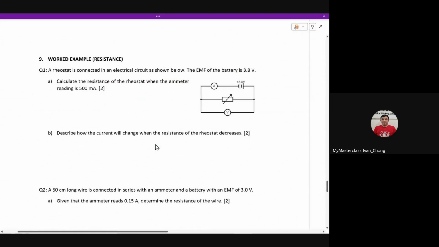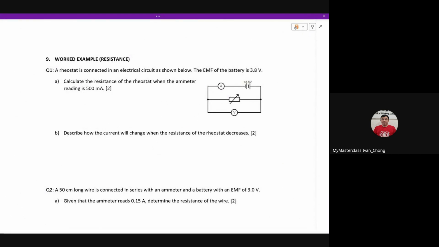So over here, you have a rheostat. If you don't know what a rheostat is, remember it's your variable resistor, and they tell you my EMF is 3.8 volts. So just take note, some questions are not so nice to actually write it down for you. You might want to include it yourself as well. They tell us, calculate the resistance R when the ammeter reading is 500 mA.